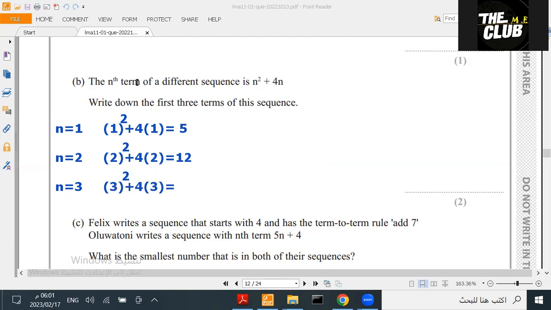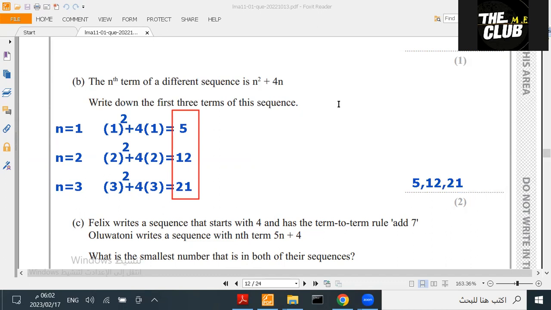And the answer will be, you can use the calculator, 4 times 3 is 12. 3 squared is 9. When you add 12 and 9, you'll get 21. So the first 3 terms of the sequence are 5, 12, and 21. So you can write them here. That's it for question B.